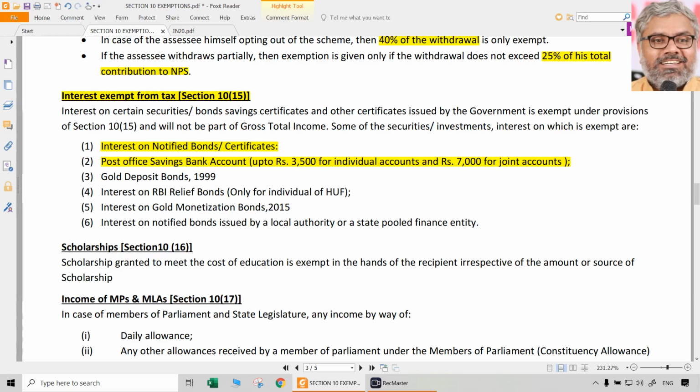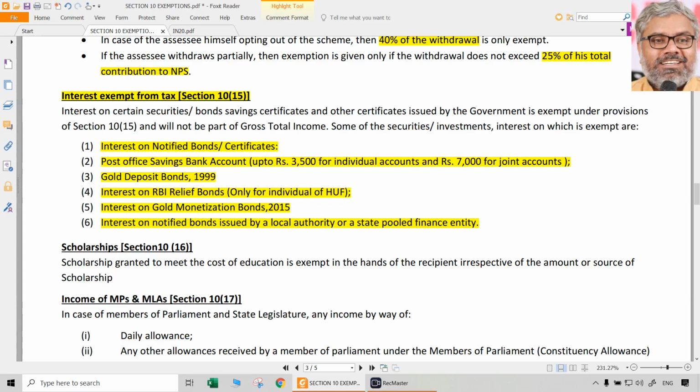Remaining things are general things. You have to just broadly remember them. Gold deposit bonds, RBI relief bonds, gold monetization bonds, some other notified bonds issued by a local authority or a state pooled finance entity. What are all those things? We don't need to know the list of them. There will be a huge list of all those things which are not taxable. Interest on those things will be there for real purposes.